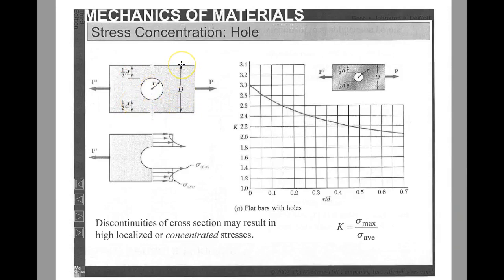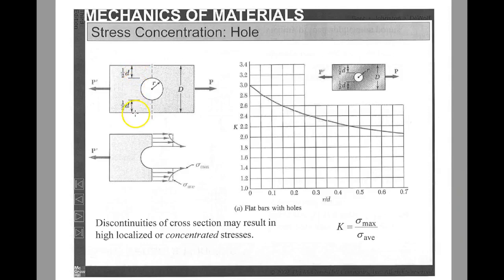So in other words, it's capital D, which is the width of the bar, minus 2 times the radius of the circle. Or you could say the width of the bar minus the diameter of the circle is equal to d. If you measure from the top of the circle to the edge of the bar, that's 1/2 d.